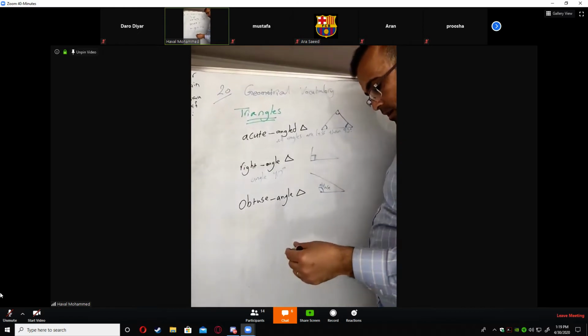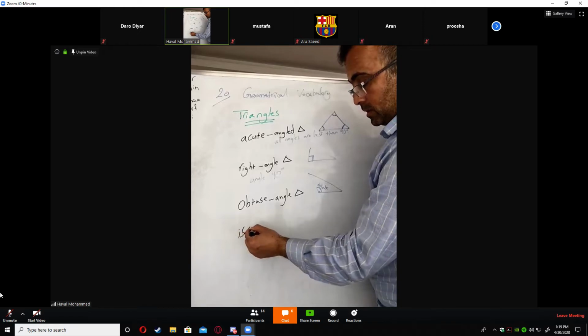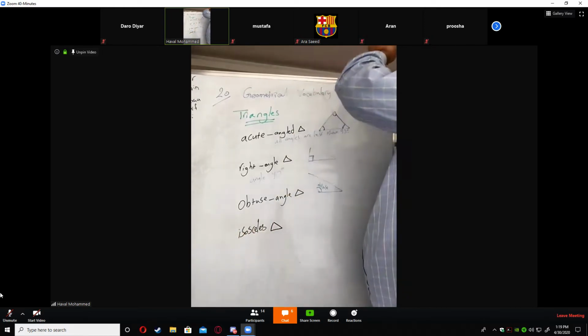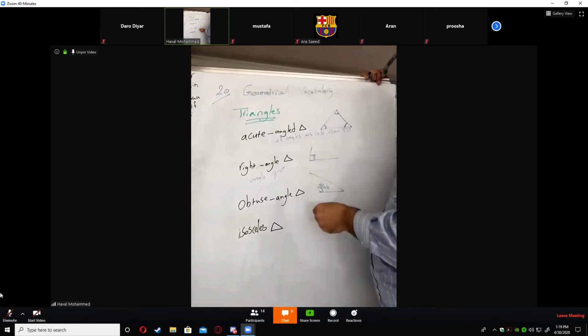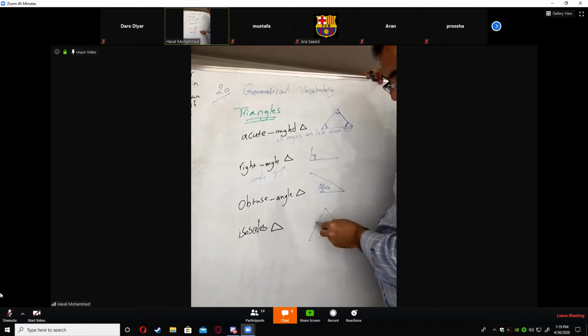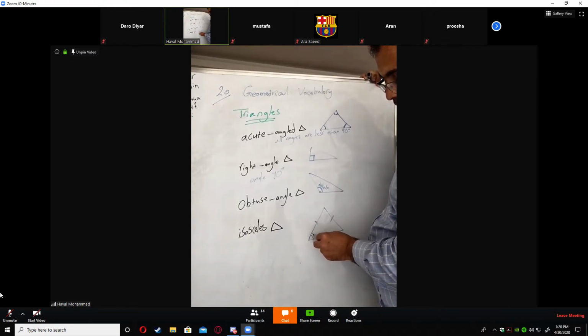The next one, isosceles triangle. For the isosceles triangle, obviously we have two sides equal. Sometimes we use a little line, a dash, or it can be two dashes. That means these two sides are equal and these two angles will be equal.